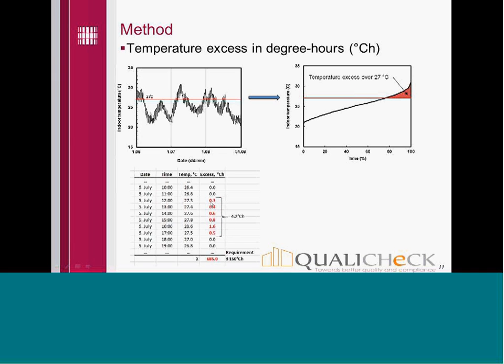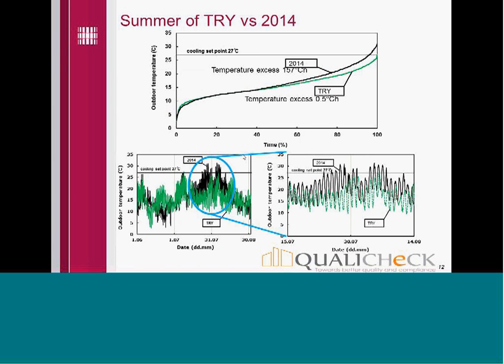It's just a sum, and it will make 4.2 degree hours excess over 27 degrees. This needs to be calculated for the full calculation period set in the regulation, from 1st of June to the end of August. So it's quite a straightforward procedure, and now we are coming to the results.